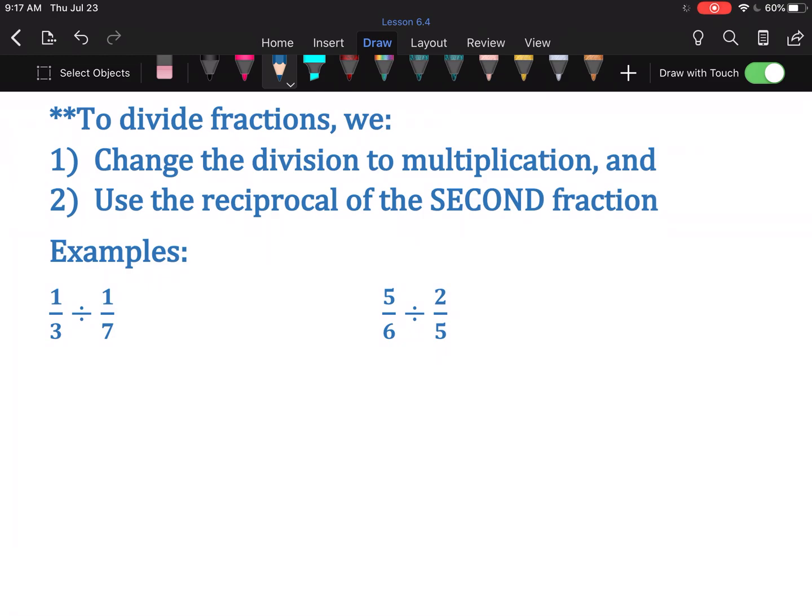I like the acronym, and I'll have to erase it in a second, but I like KFC. It's not quite in the order we'll do the things, but nobody's going to forget KFC. But it's not Kentucky Fried Chicken, although now I'm hungry. It is keep, flip, and I guess I already wrote the C, I don't need that again, change.